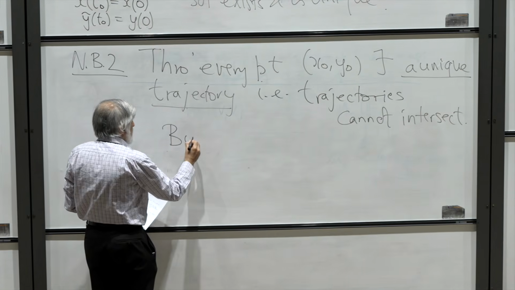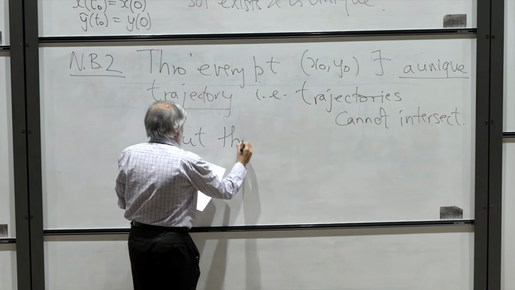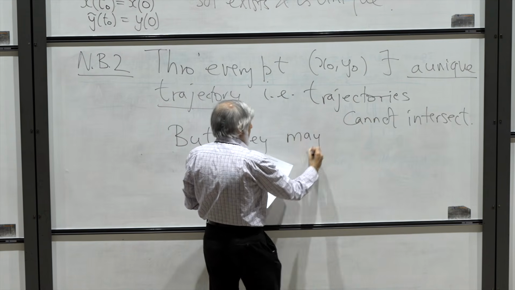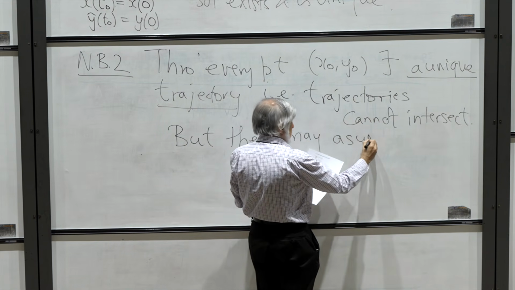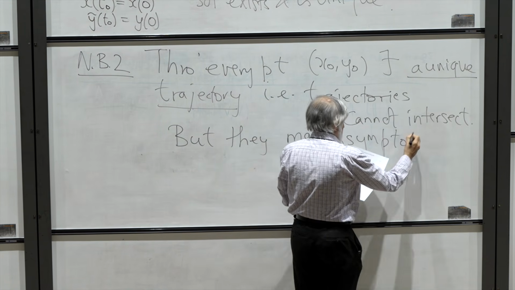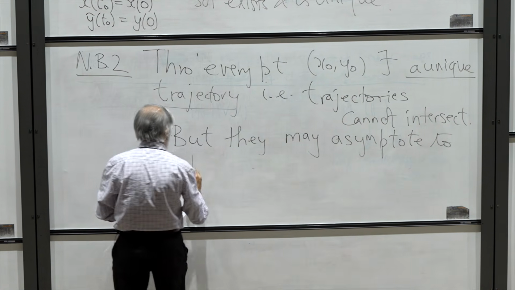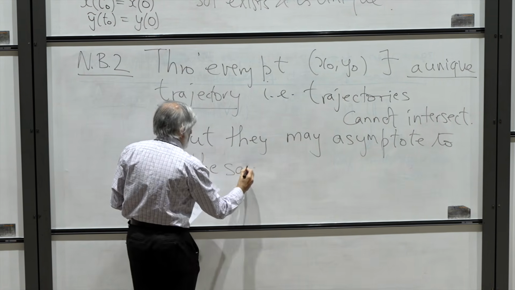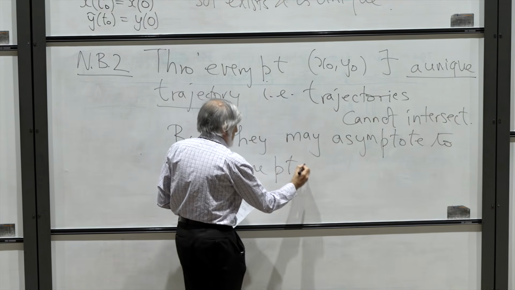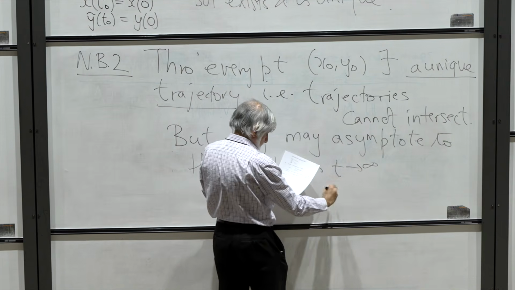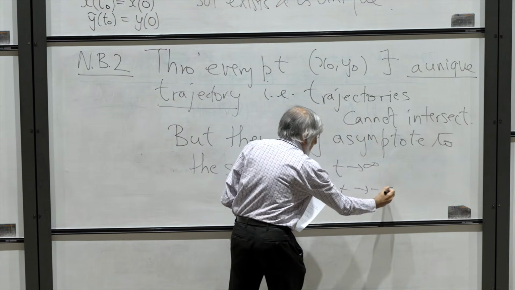But one thing that could happen is that they could asymptote to the same point, as t goes to infinity or t goes to minus infinity.